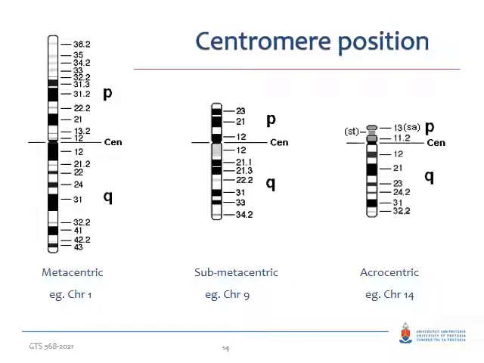Telocentric chromosomes are not present in humans, but that's where the centromere is on the tip of the chromosome. Chromosomes 13, 14, 15, 21, and 22 are acrocentric.